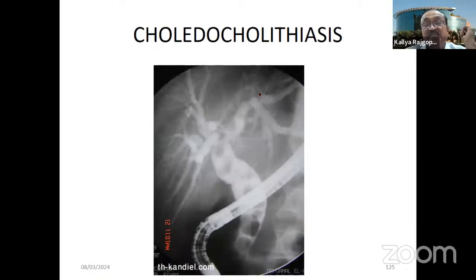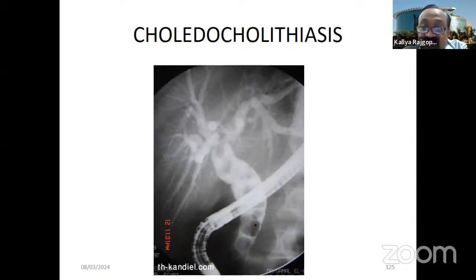Whenever you are asked, you are going to tell that's an ERCP, and you can see gross dilatation of the common bile duct, looks like more than 1.2 to 1.5 centimeter dilatation. Intrahepatic dilatation, you can see biliary radicals, and you can see multiple filling defects. These multiple filling defects are suggestive of stones.